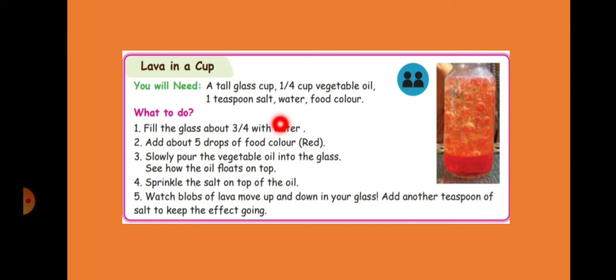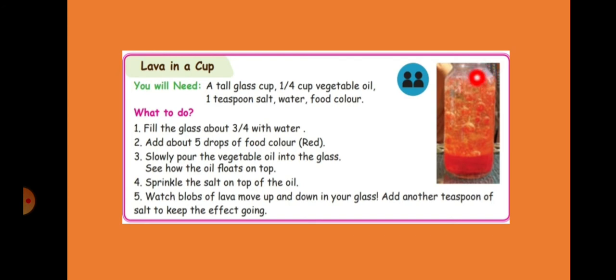And then we have seen lava in a cup using a jar or a glass bottle. Inside this we have filled water and then added food color to it. Then we have added vegetable oil. Then what happened? Oil will float on the top.